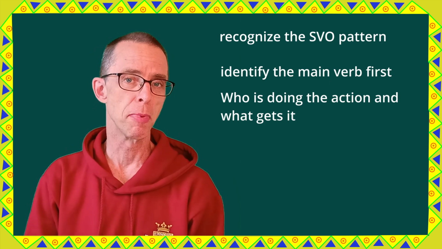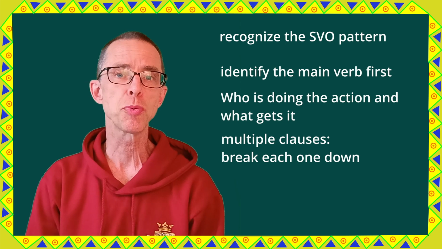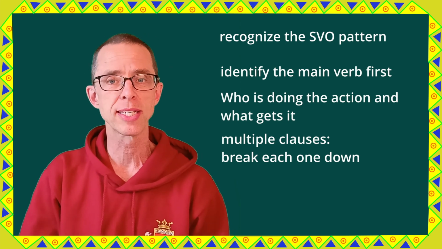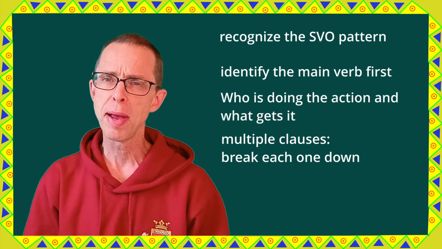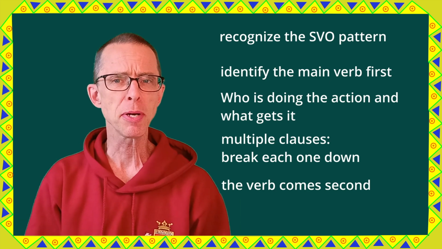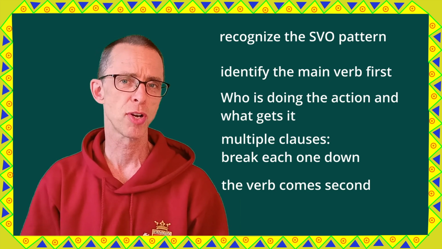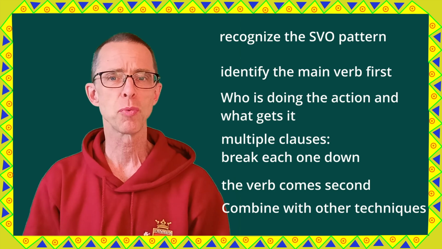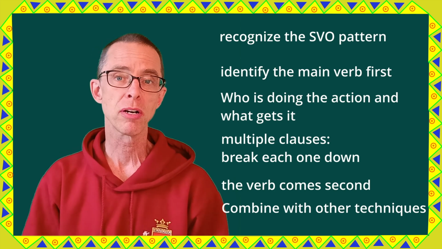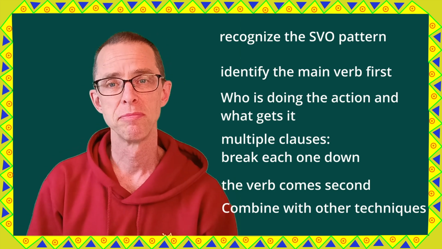For sentences with multiple clauses, break each one down into its own SVO pattern. Remember that in English, the verb typically comes second in the sentence structure. Combine with previous techniques for comprehensive understanding.